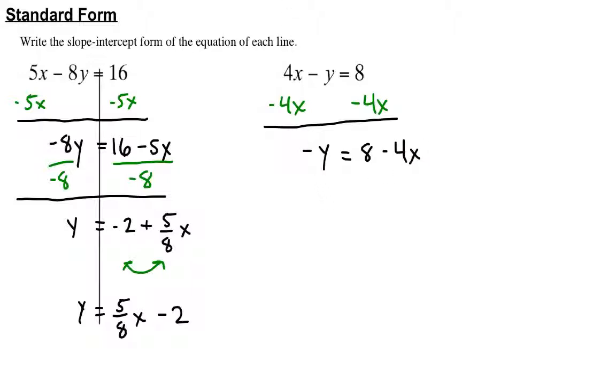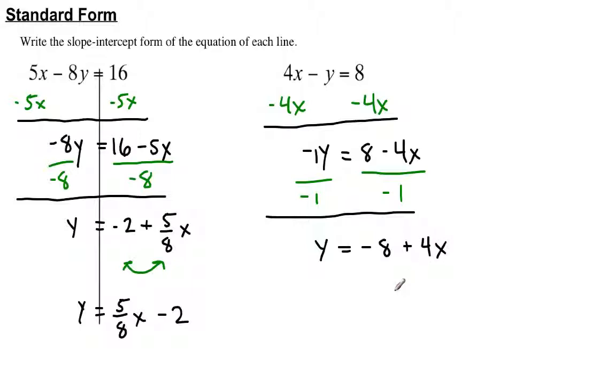Now we want to divide by negative 1. We're left with y is equal to 8 divided by negative 1, which is negative 8, and negative 4 divided by negative 1 is plus 4x. It makes sense to rearrange this so that it looks like y is equal to 4x minus 8.